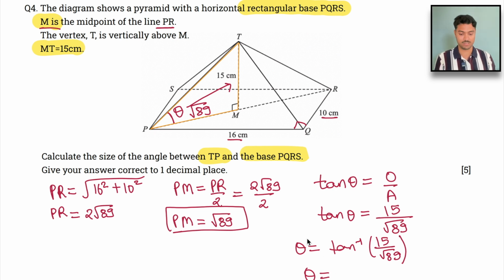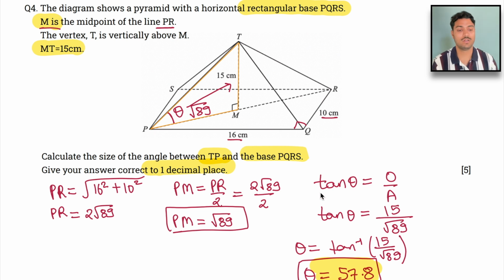So let's check. Put the values in the calculator. Tan inverse 15 divided by root 89, bracket close, and the answer is 57.83. Correct up to one decimal place as mentioned in the question, it will be 57.8 as the value of theta, and this is the final answer.